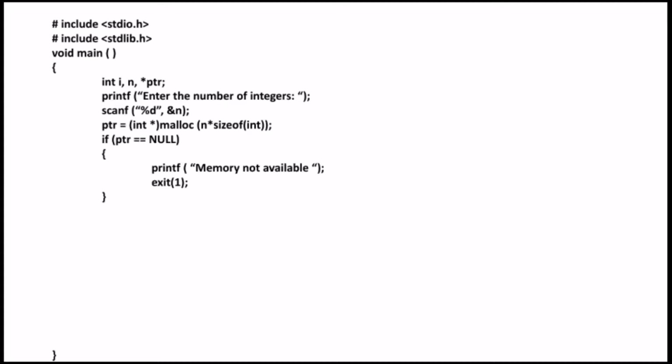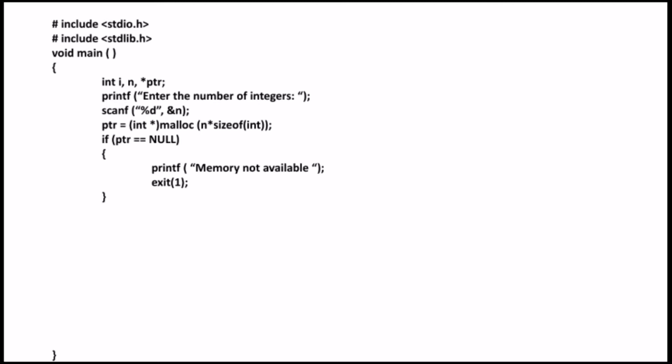Next we are checking by using an if statement whether ptr is equal to null. Sometimes even when using the malloc function there is a chance that memory is not allocated. There are many reasons, maybe memory is full.